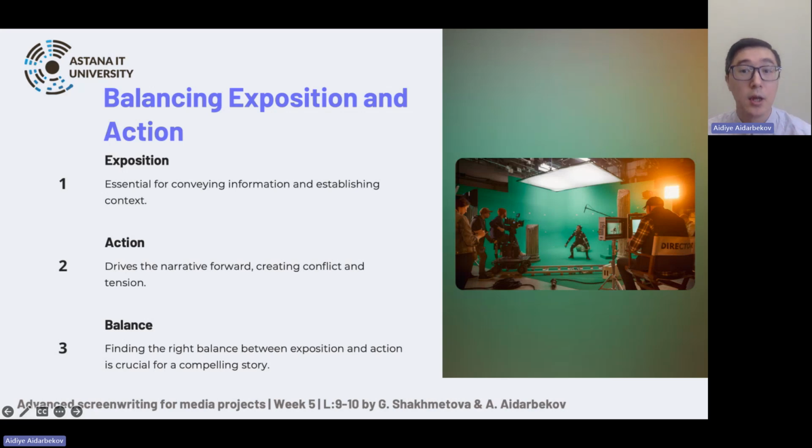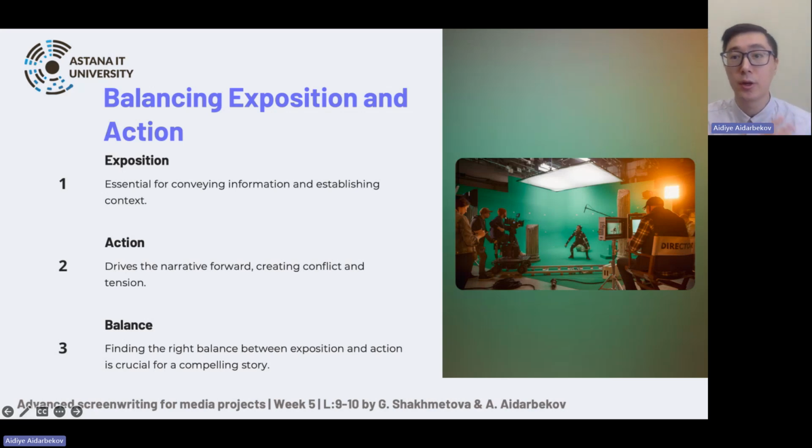But even in Korean dramas, you still see different action scenes, running, fighting, driving through the city. It's because each time you need to allow your audience to take a break from exposition and show action, and vice versa.